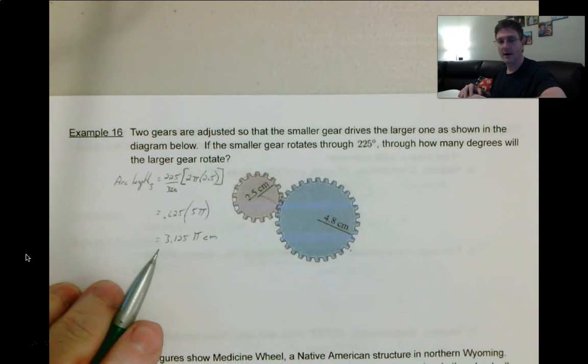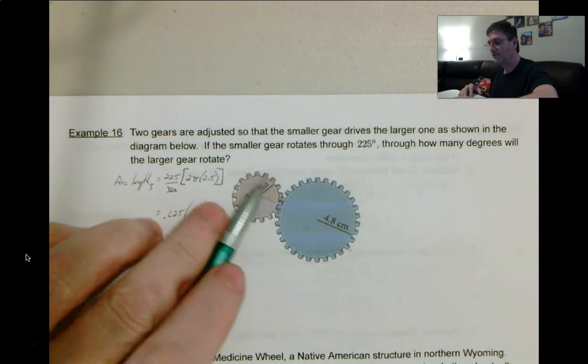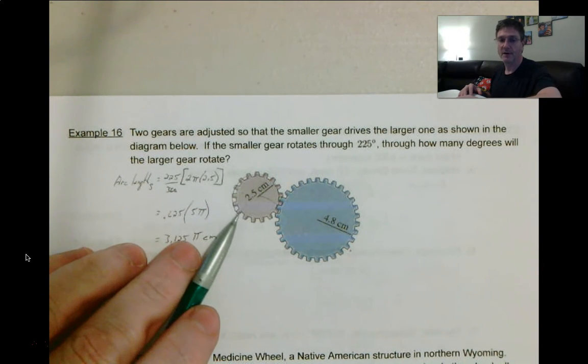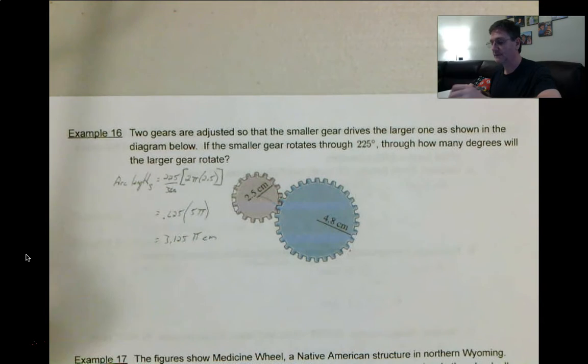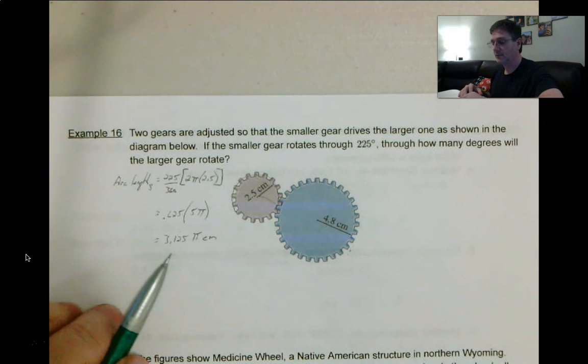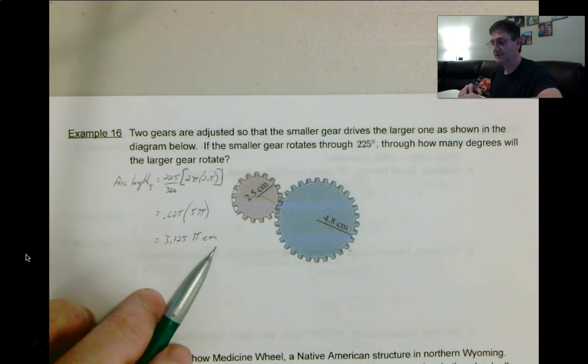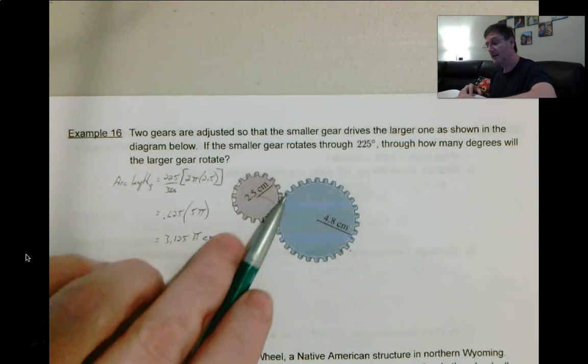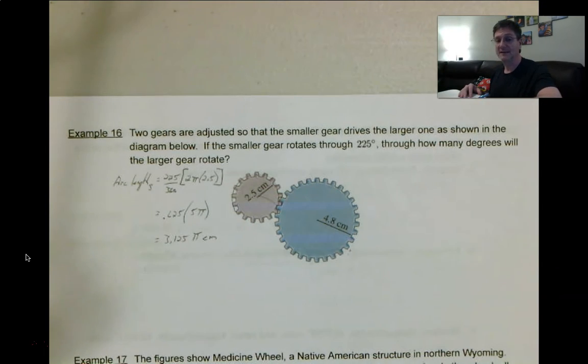That's how far the outer part of the first gear travels. The arc length of the second gear is going to be the exact same amount.